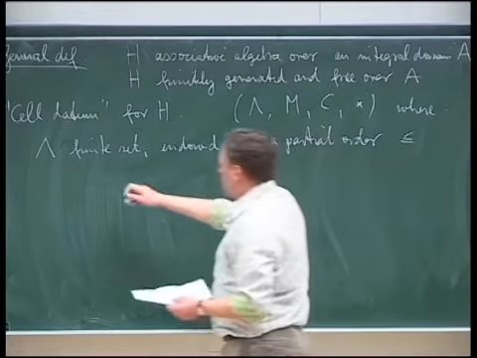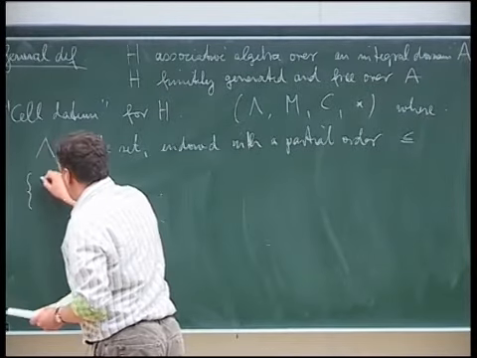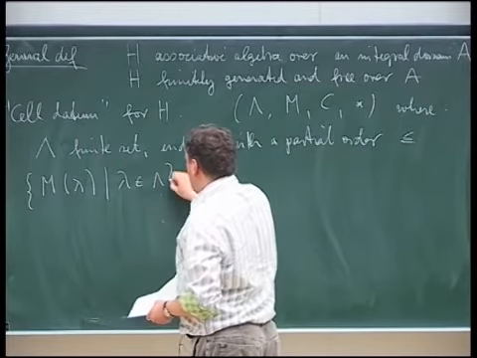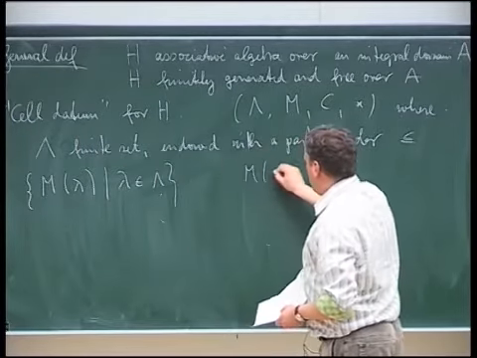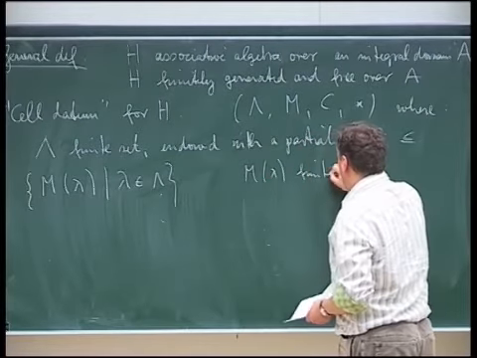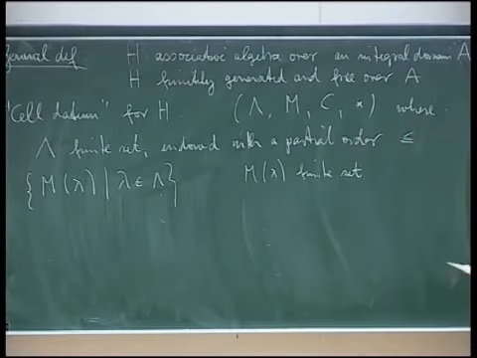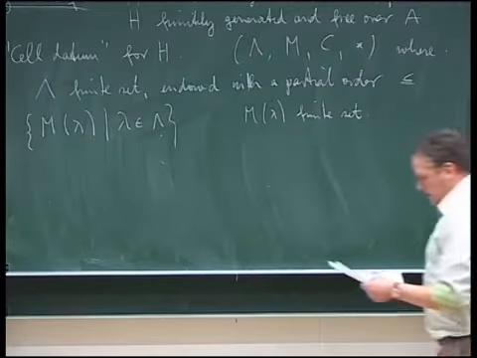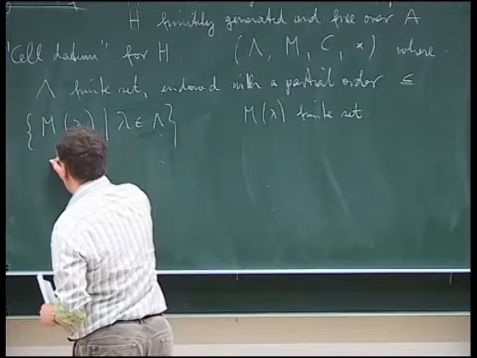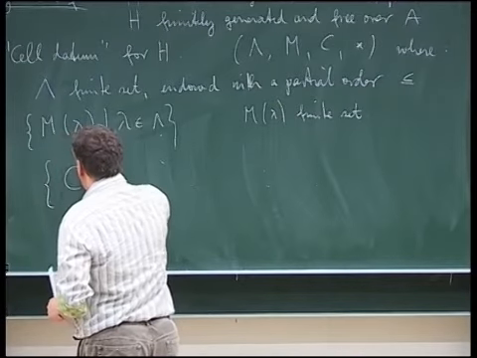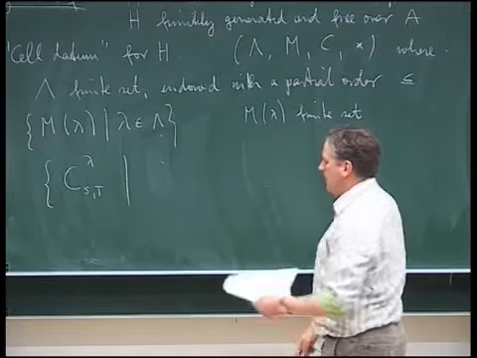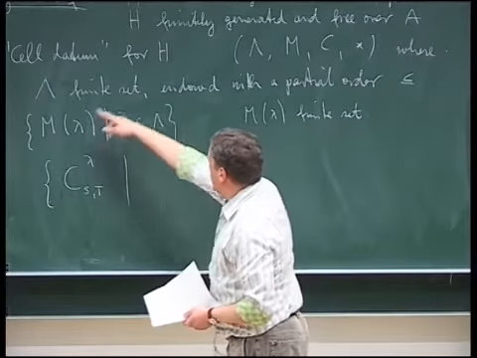Then this M actually stands for a collection of finite sets indexed by the elements of Lambda. And that's the first statement. So this C then stands for a basis of H. Namely, the first axiom is that we can label a basis of H by these data here.